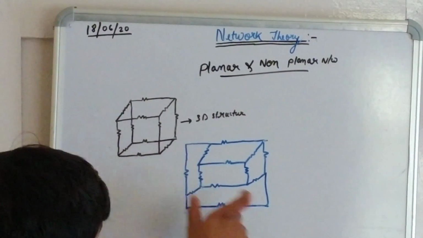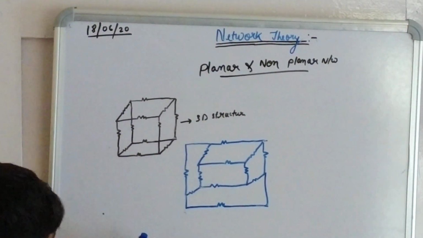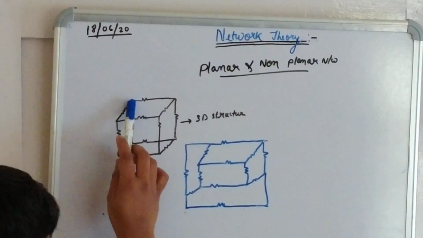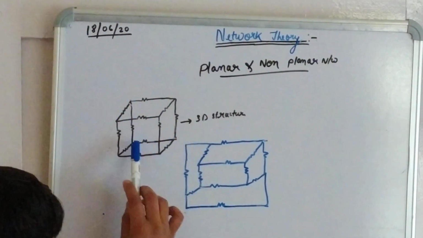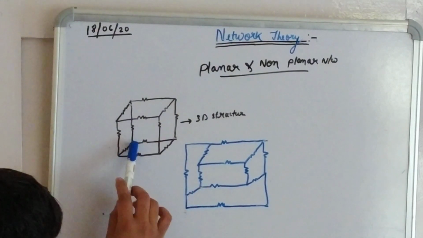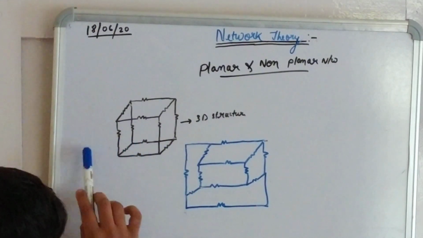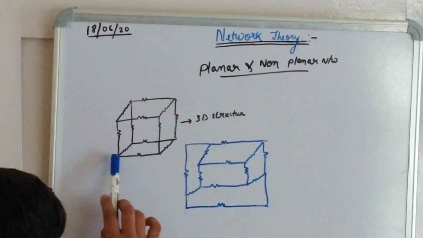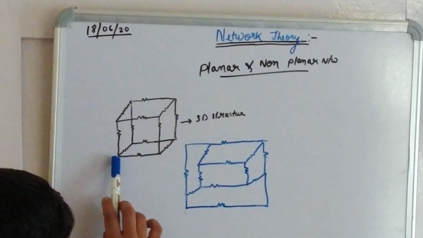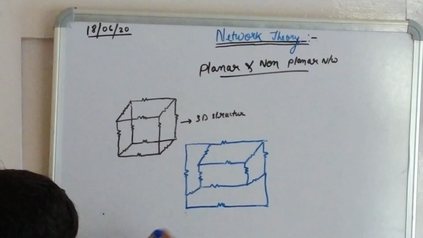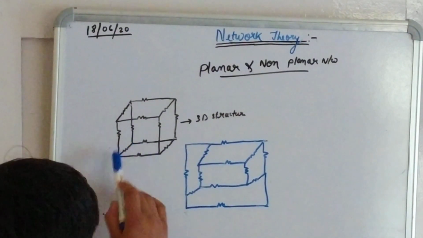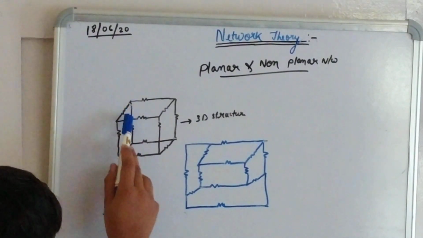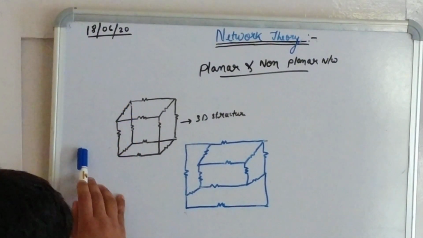Now, same connection. What I did is I've taken this point outside, and this point outside, that is here. So you can get it. I've taken this connection outside.